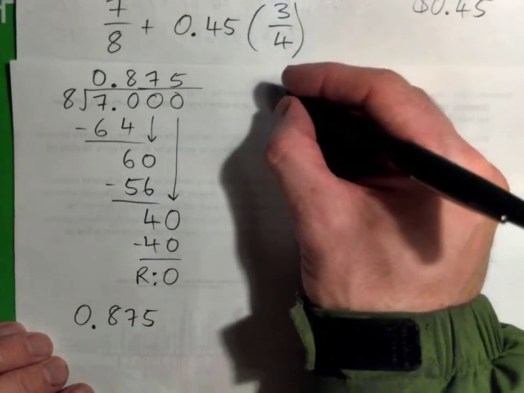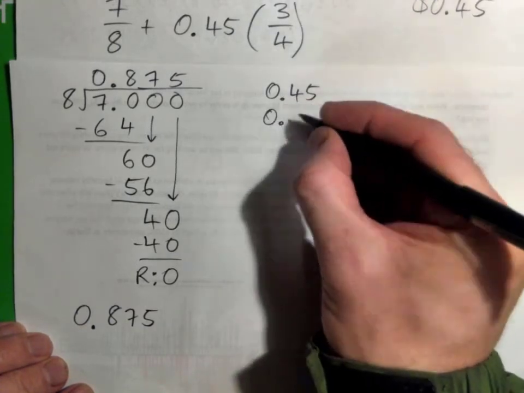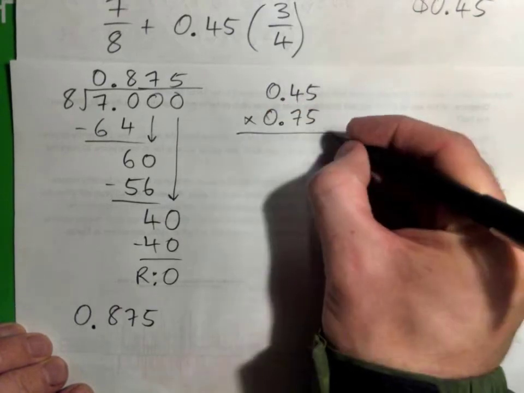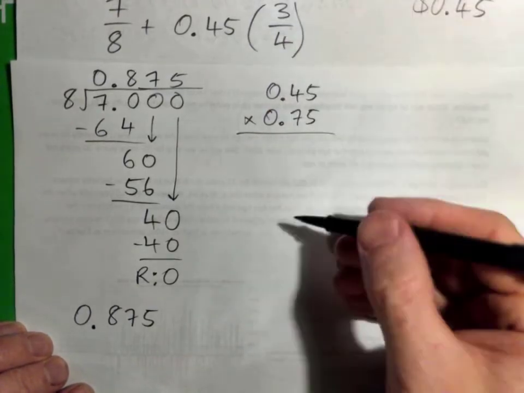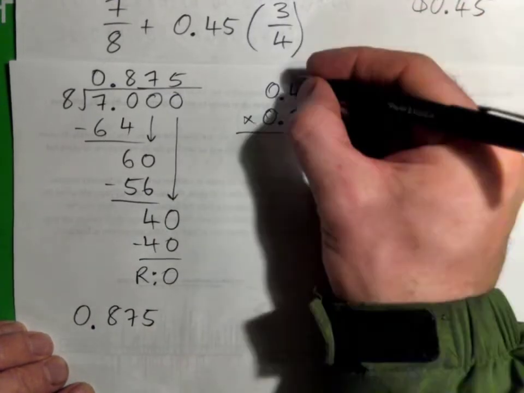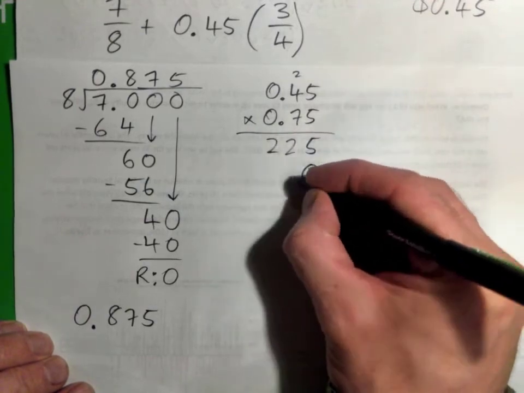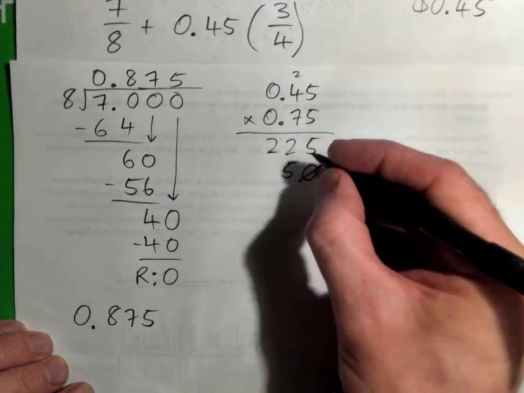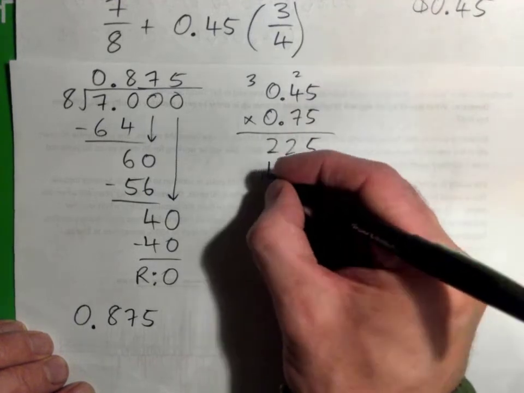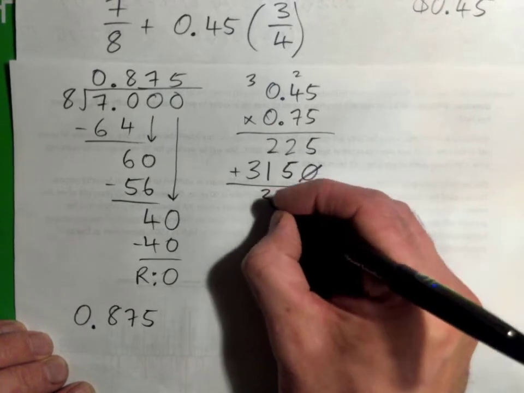And, okay, we got 0.45 times, what's 3/4 as a decimal? Think about money. 3/4, 0.75, nice. So we don't have to do the long division because we know 3/4 is 75 cents. So we multiply them. 5 times 5, 25, carry 2. 5 fours is 20 and 2 is 22, put down a 0. 7 fives is 35, carry 3. 7 fours, 28 and 3 is 31, and then add, and we get 5, 7, 3, 3.